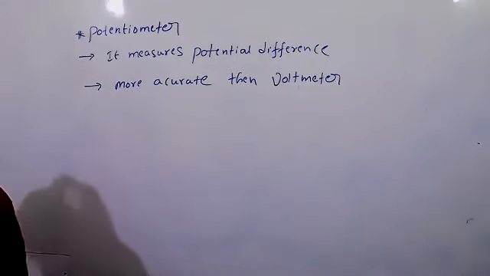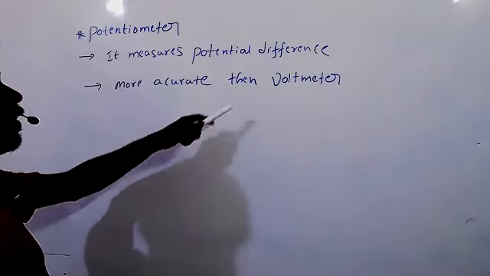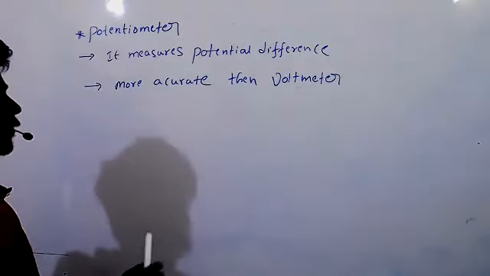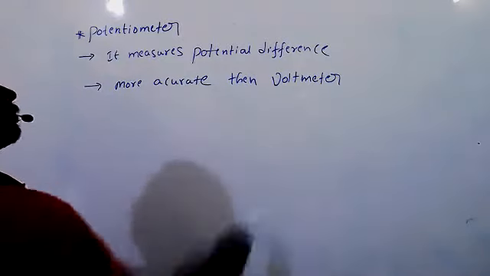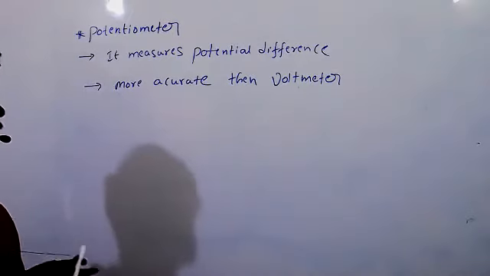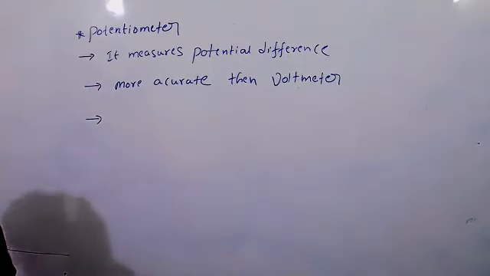But why are we not using the potentiometer instead of the voltmeter? Mostly in your physics lab or wherever you see, they use the voltmeter only. They won't use the potentiometer. The reason is size. Voltmeter size is very small and convenient.